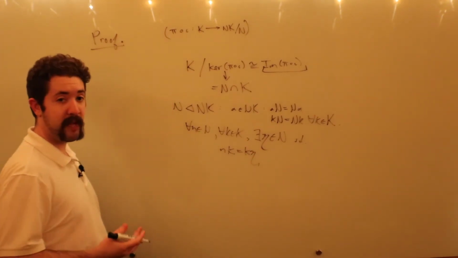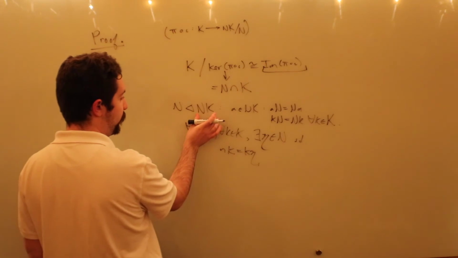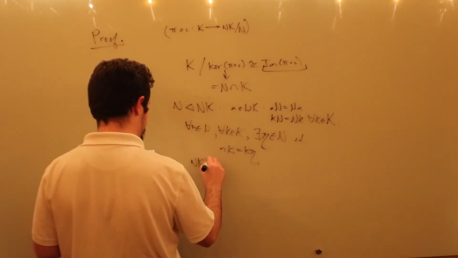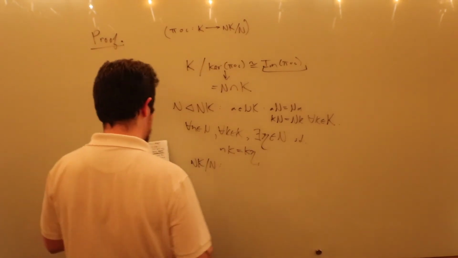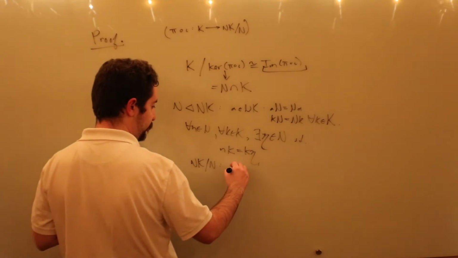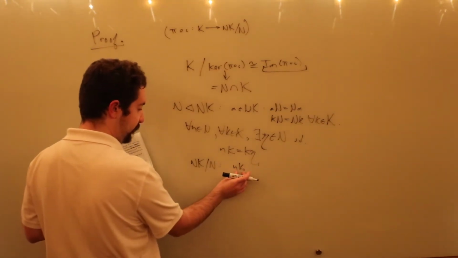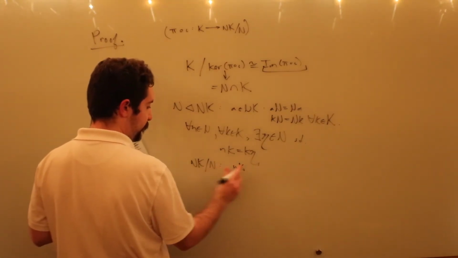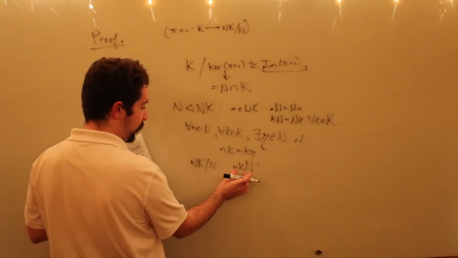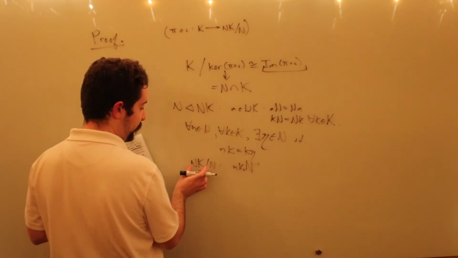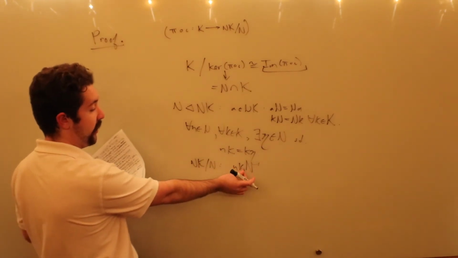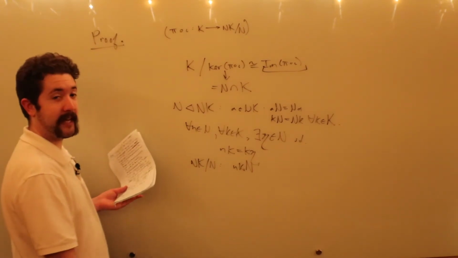And what this means is that for an arbitrary element in NK quotient N, this is going to look like an element from NK, which is going to look like just little n times little k times N, right? It's a coset of N in the join of N and K by this arbitrary element of the join of N and K, which in general is of this form for arbitrary n and k. A lot of n's and k's.